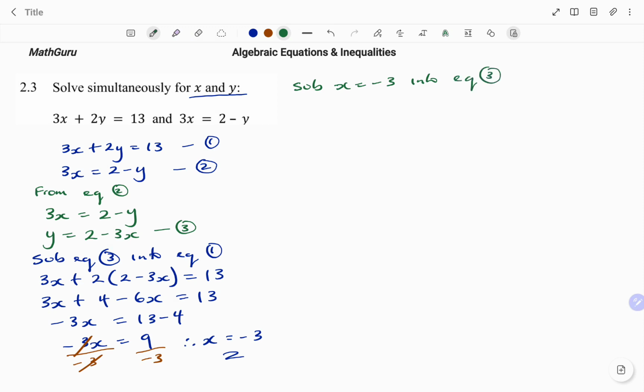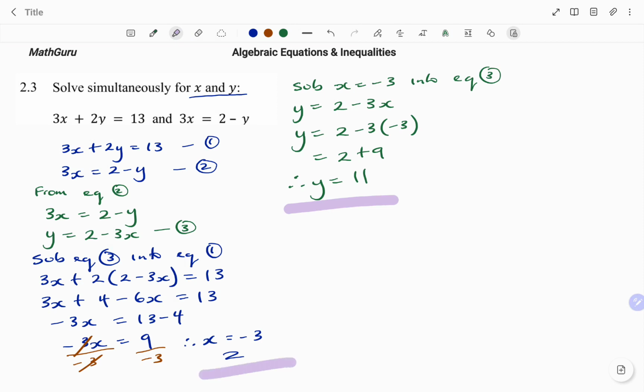My third equation says y equals 2 minus 3x. So y equals 2 minus 3 times negative 3, that's the value of x, which is 2 plus 9. Therefore, the value of y is positive 11. So I've been able to get y is 11 and x is negative 3.